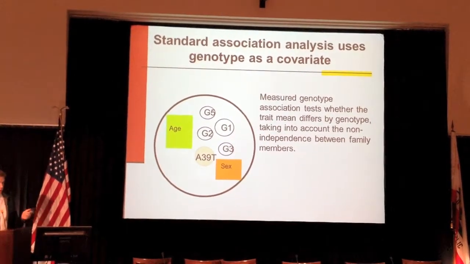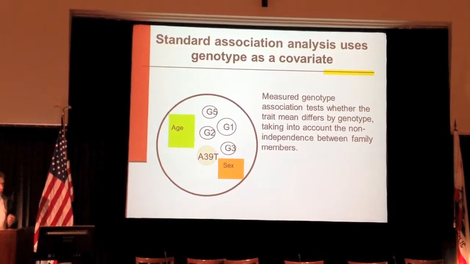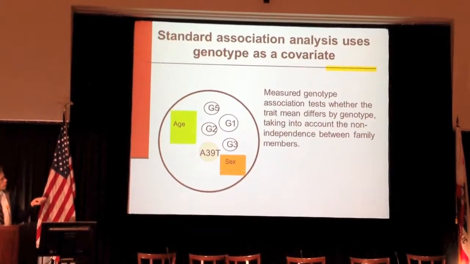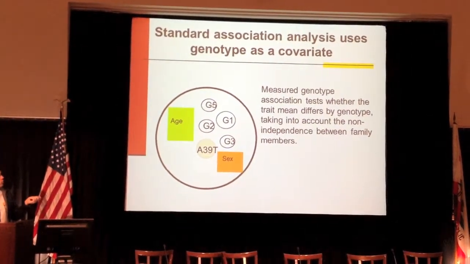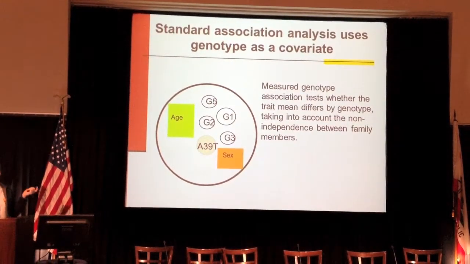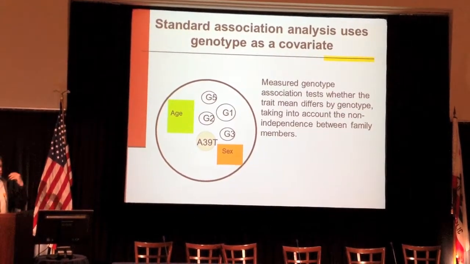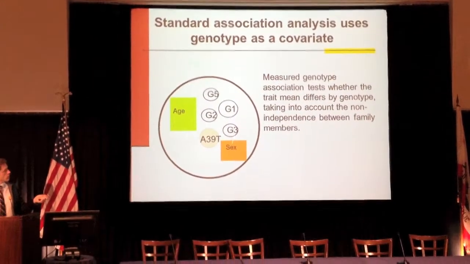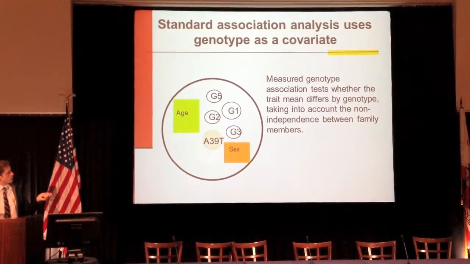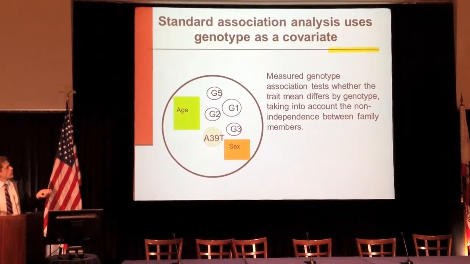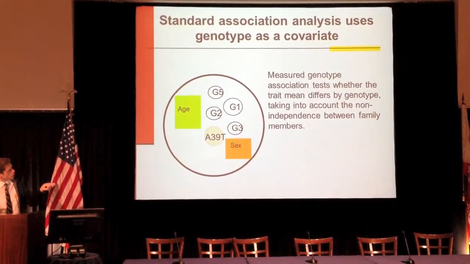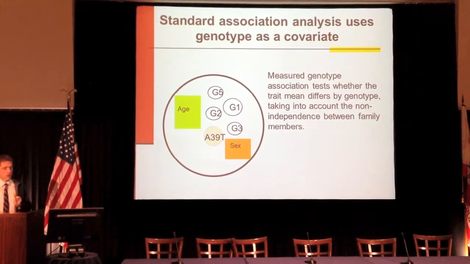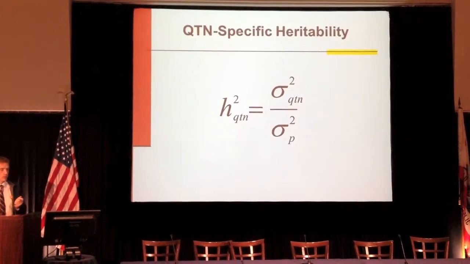between family members. So, for example, what if G4 is actually a common polymorphism known as A39T? For the GWAS analysis, you're only interested in the variance that is explained by that particular polymorphism in relationship to all of the variants, minus the variance explained by fixed covariates such as age and sex.